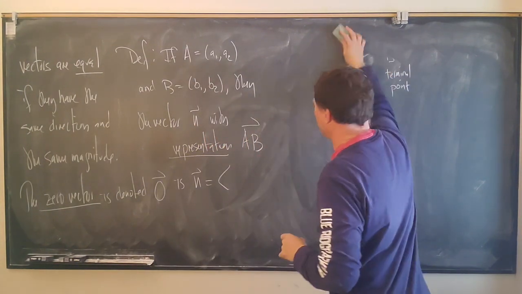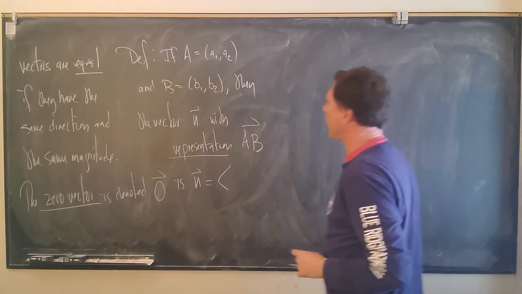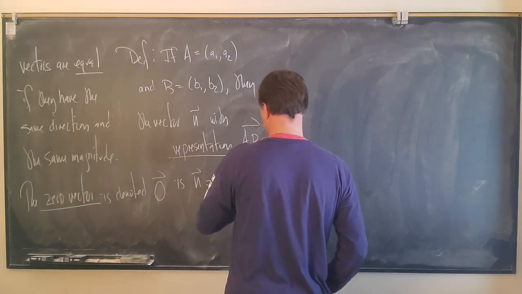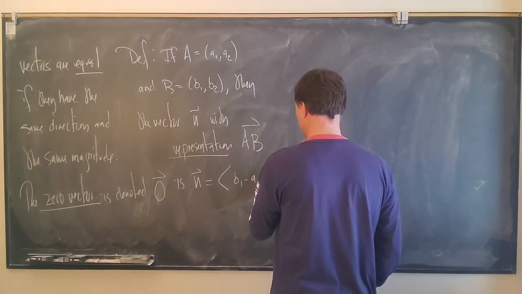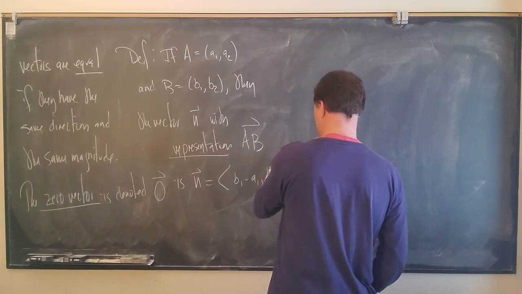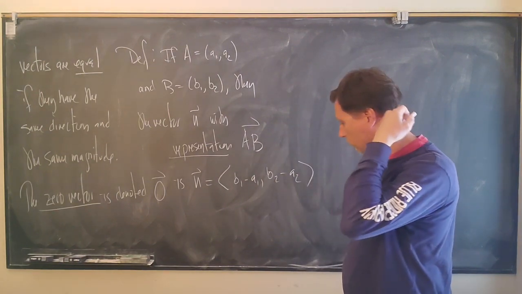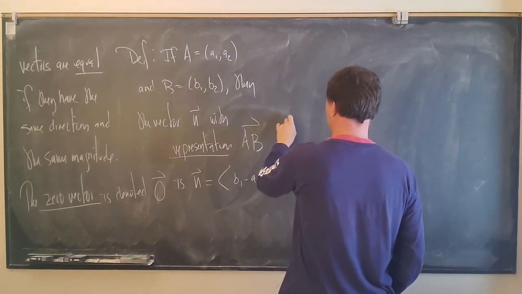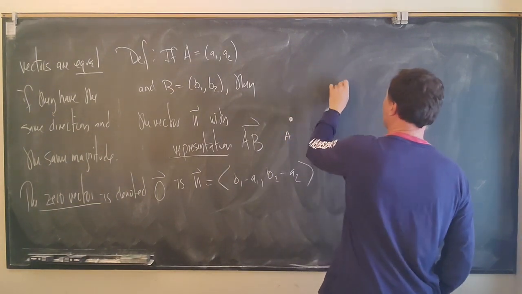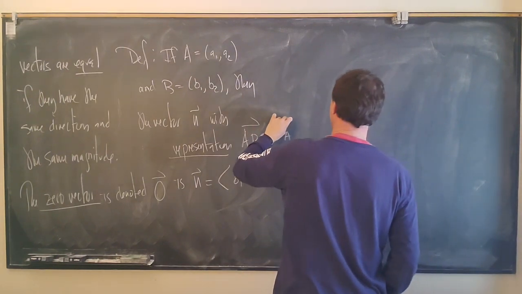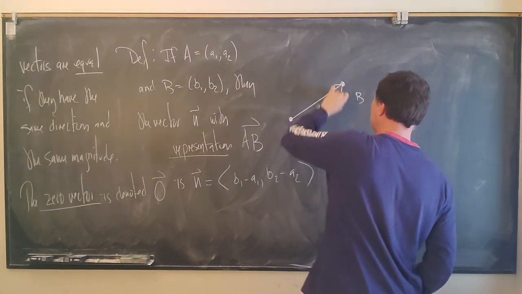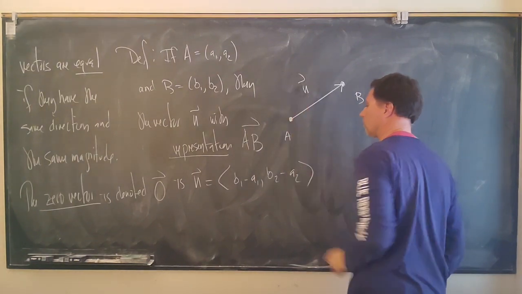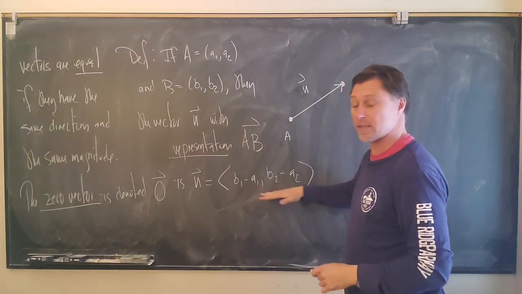So we will indicate our vectors using angled brackets, and it will be ⟨B1 minus A1, B2 minus A2⟩. The picture is: here's my point A, here's my point B, and the vector that goes from A to B is written in angled brackets this way right here.